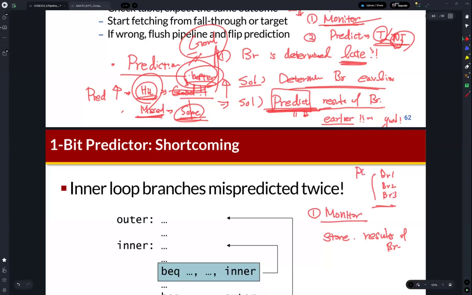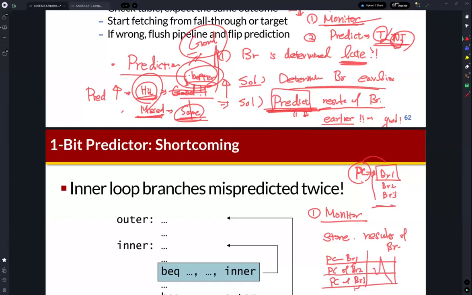We can use the PC, because each instruction is mapped to its own program counter. So this is the PC of branch 1, PC of branch 2, PC of branch 3, and so on. Based on the PC, we can identify the branch instruction. Then we just store the result.